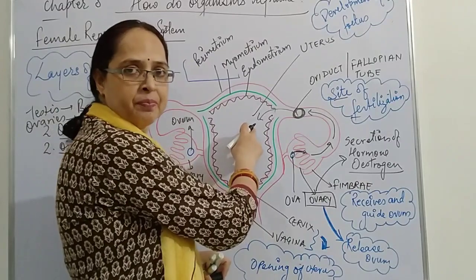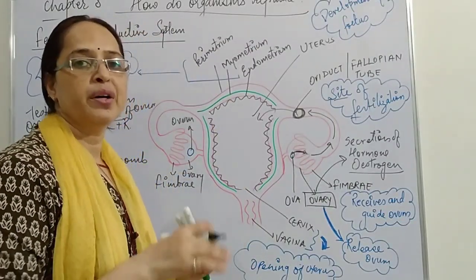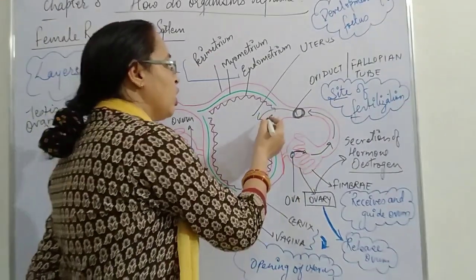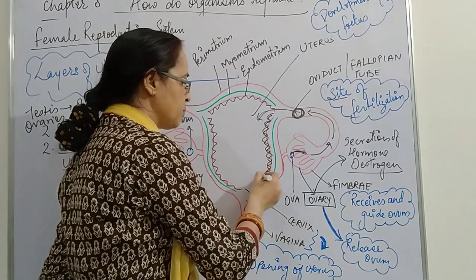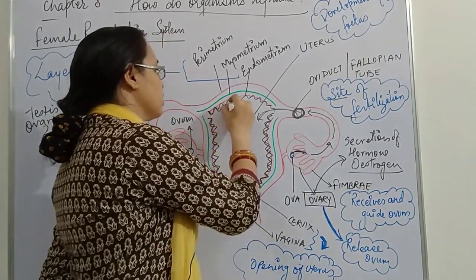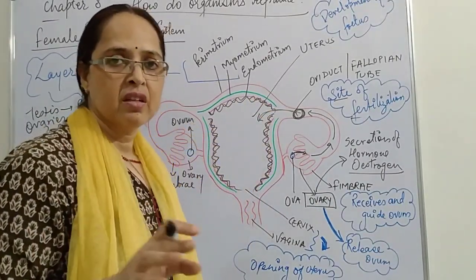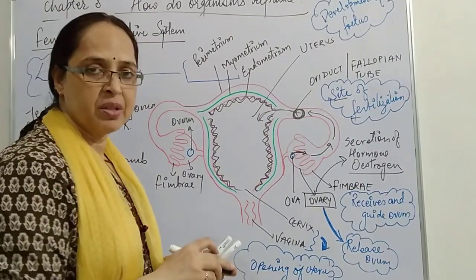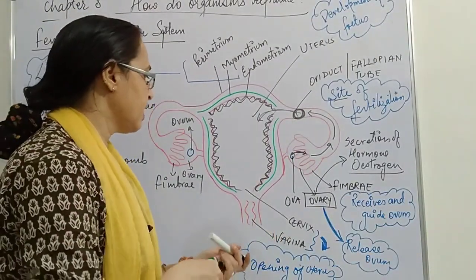the uterus. And when it enters into the uterus, we say the unfertilized or dead ovum, then along with this ovum, this uterus lining which has become thick also gets degenerated. This endometrium lining also gets degenerated.